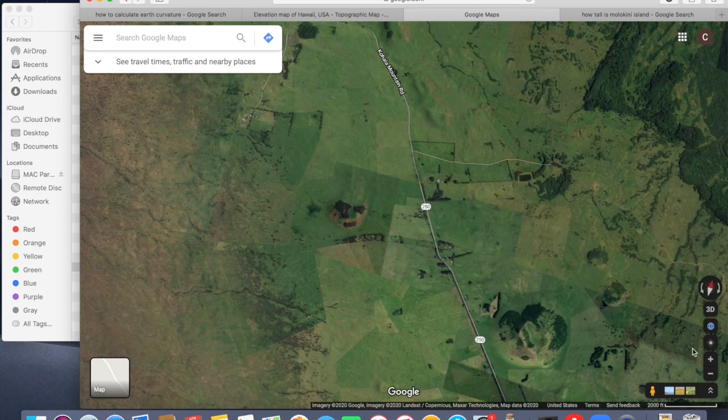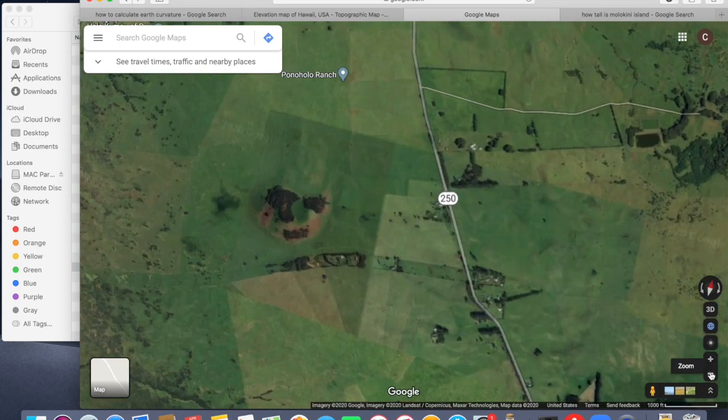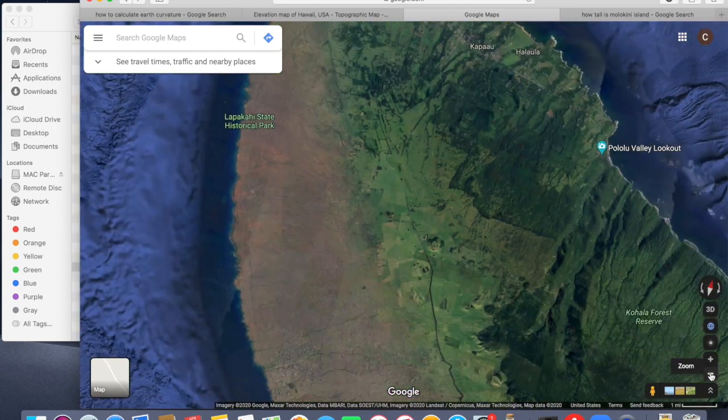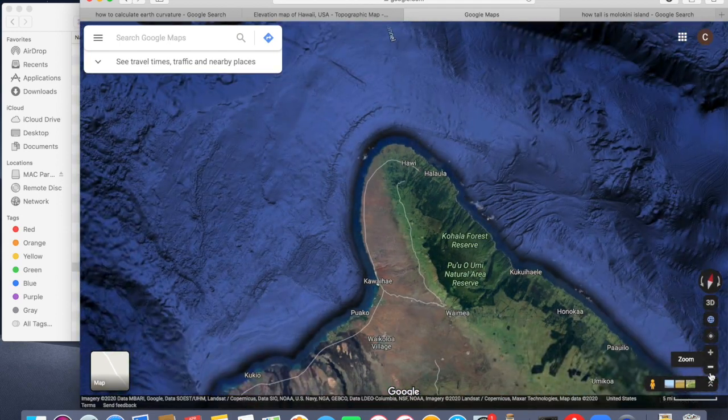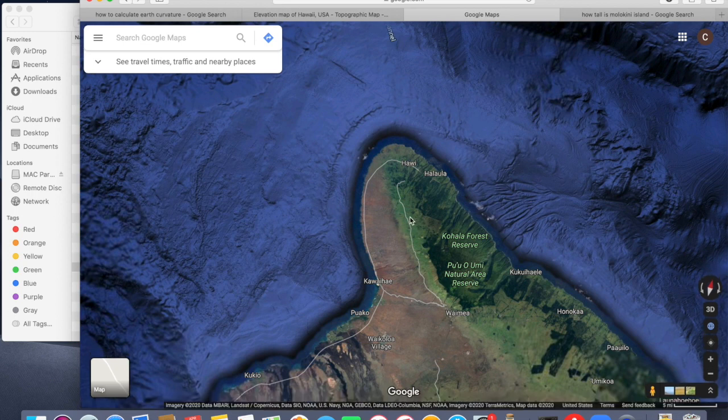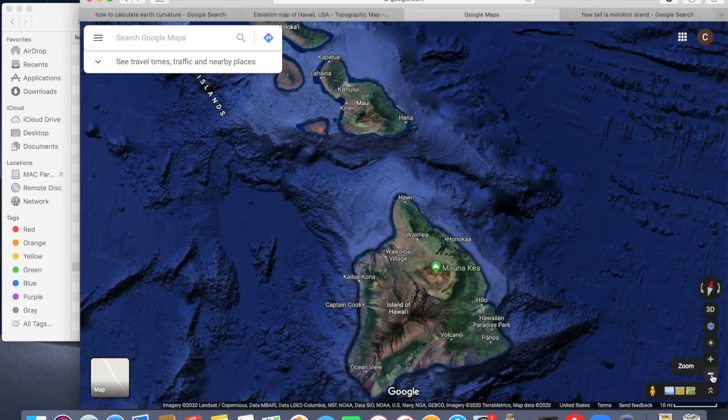So let's close in a little bit. Okay, let's measure that from here. Molokini. Come on.